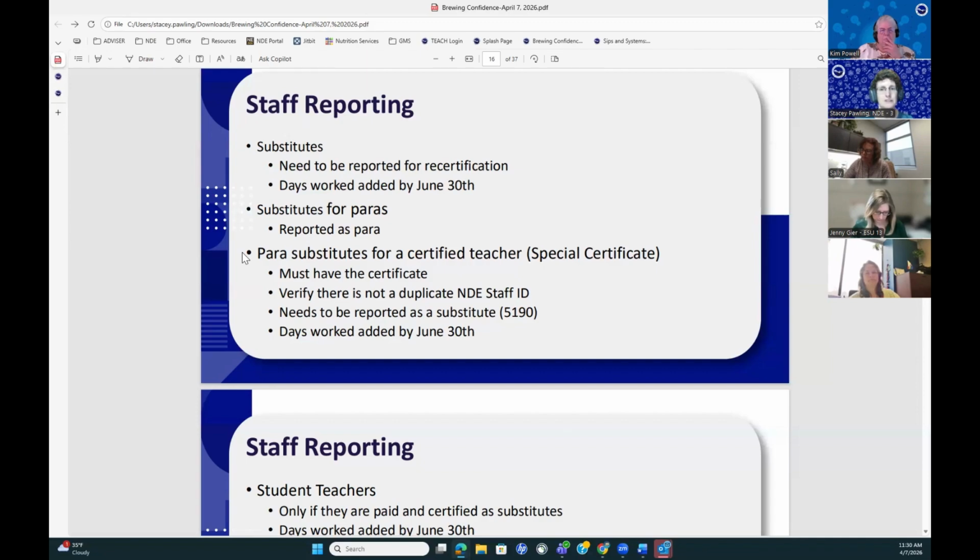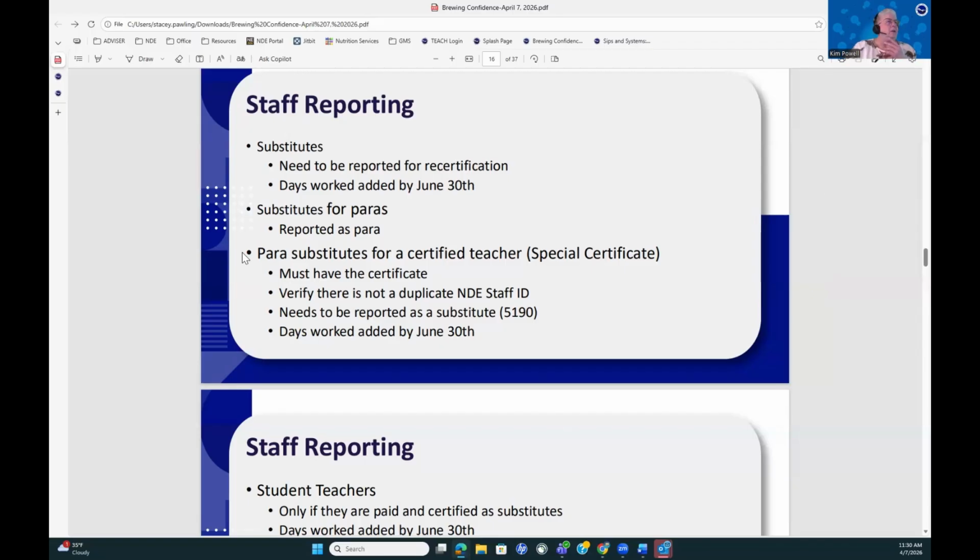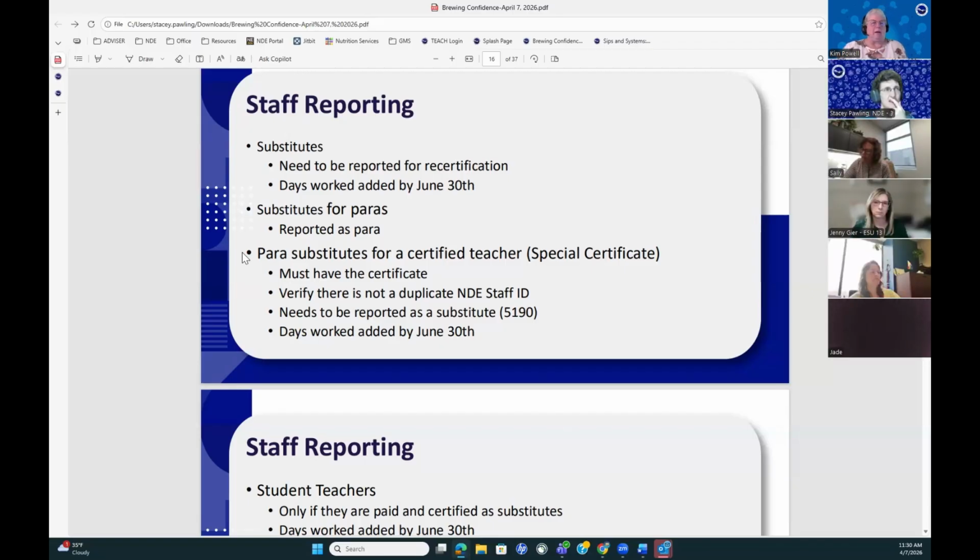I should have put the link to this. Can you find the link to this special certificate? There was a bulletin that went out about it. Yeah, I'll find it and put it in the chat. It will give you all the details, including the specific amount of days they can sub for a certified teacher. They can only do it in their district. The certificate's only good for their district.